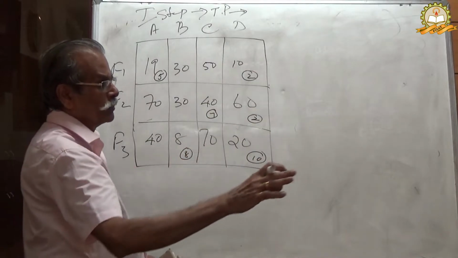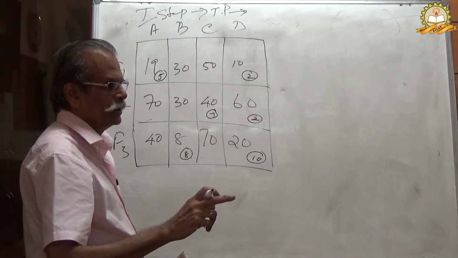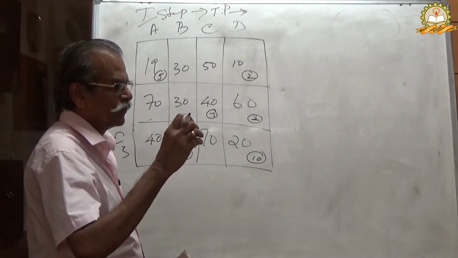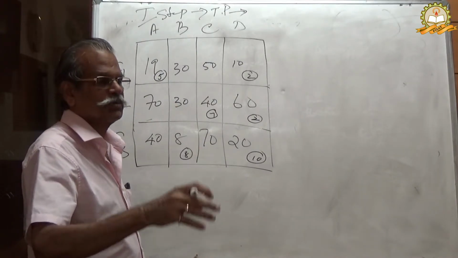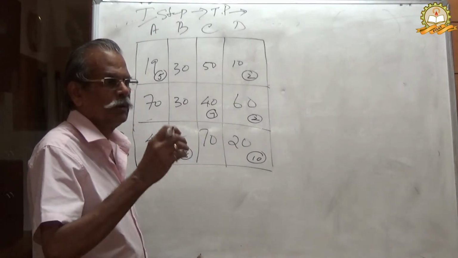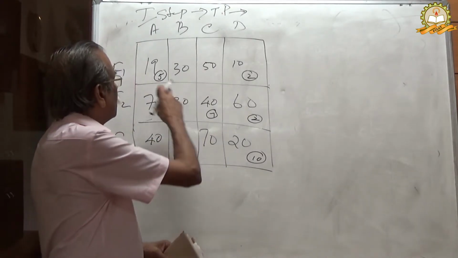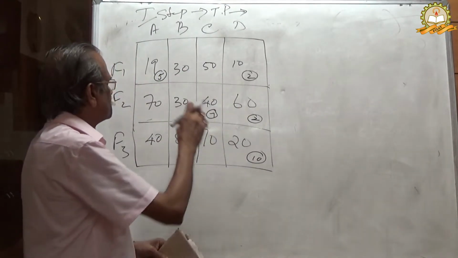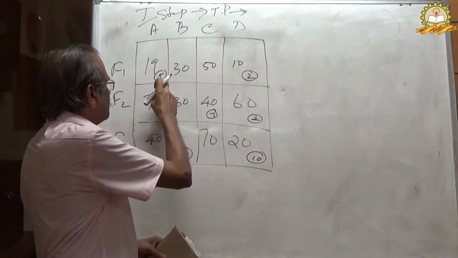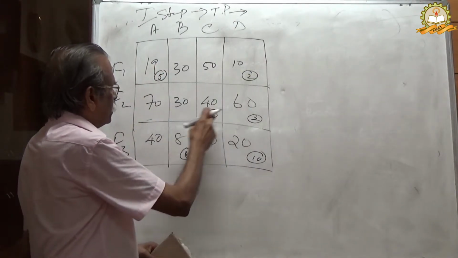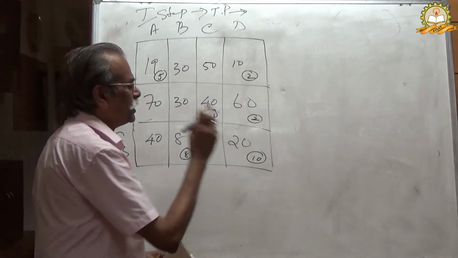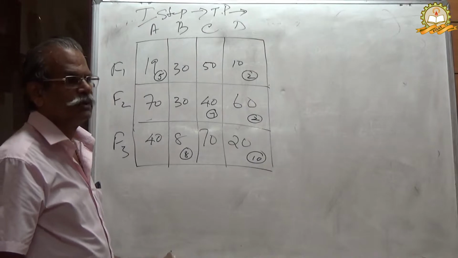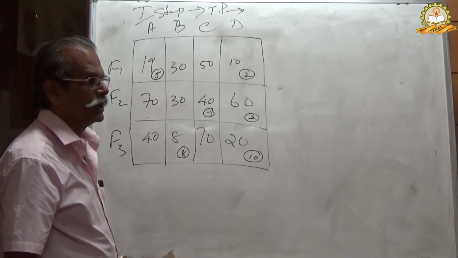You apply as done earlier, taking the highest penalty and equating it to the lowest cell value, and you will get, you try that personally, 19 into 5, 10 into 2, 40 into 7, 60 into 2, 8 into 8, 20 into 10. That will be the solution by applying WARM.